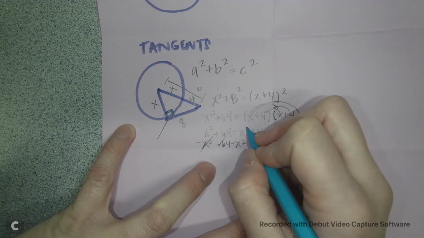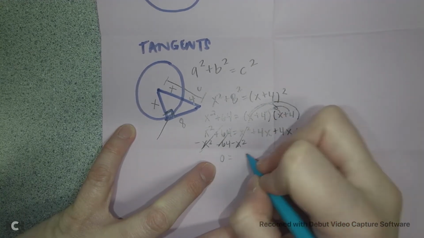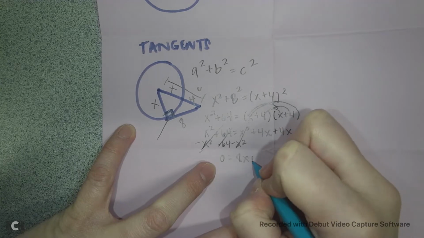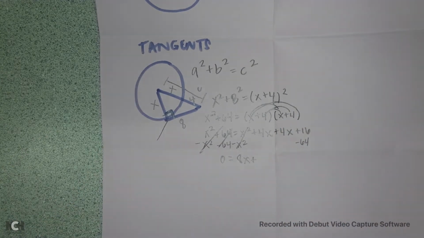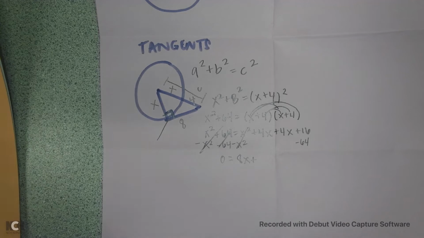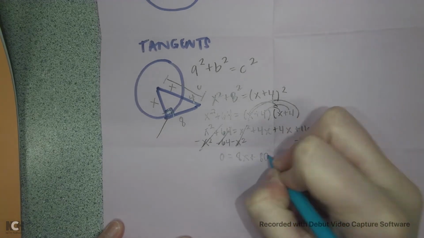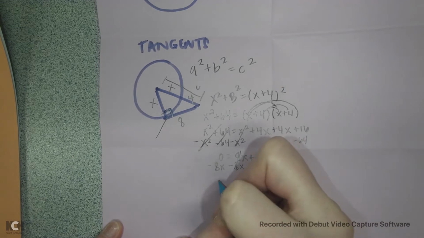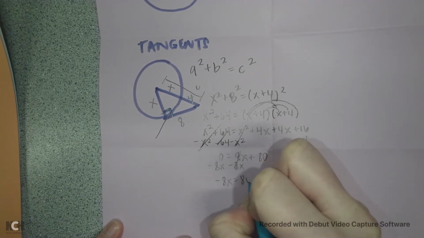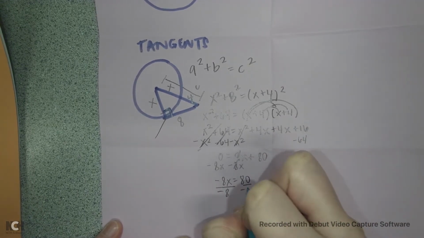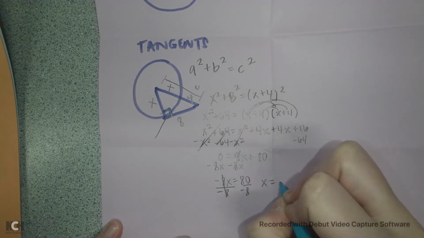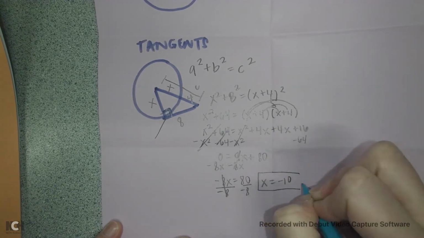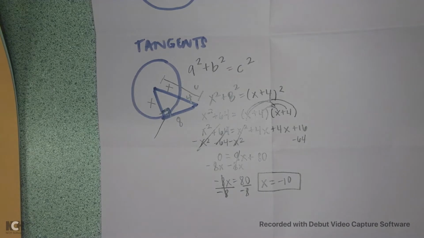So now, when these guys go away, I have 0 equals 8x plus 64 and 16. Okay, 80. Then we need to get our variable by itself. So now we have negative 8x equals 80. Divide each side by negative 8, and x is negative 10. That's how you do it.